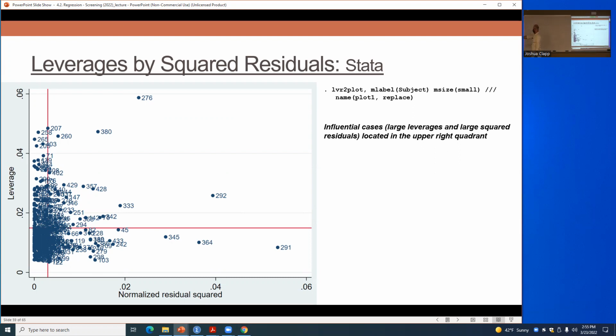We've got our squared residuals on the X and our leverages on the Y. We would look for cases hanging out in the upper quadrant, because that would indicate a large residual value and a large leverage value. If we found people hanging out up here, that would be potentially problematic. These are folks who have the potential to really impact our results.